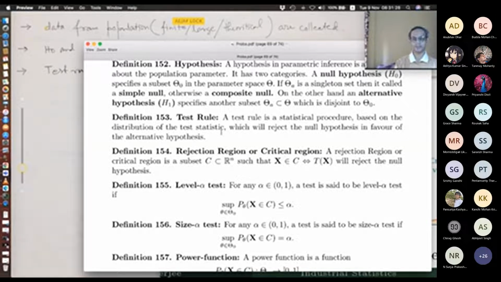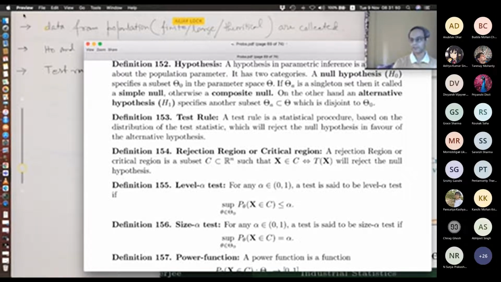A very straightforward decision-making rule for how and when I will go by the null or by the alternative. But the test rule, interestingly, makes a partition in the sample.